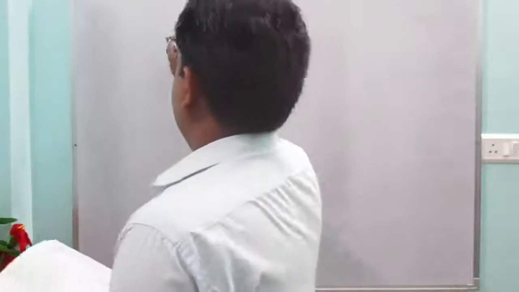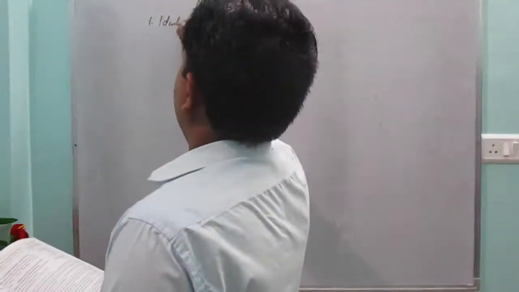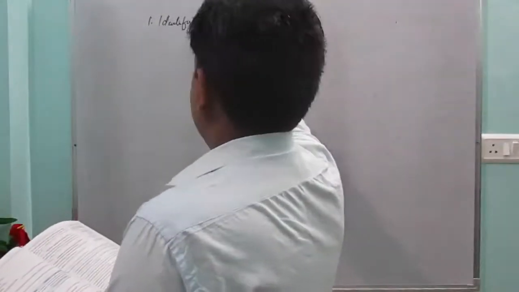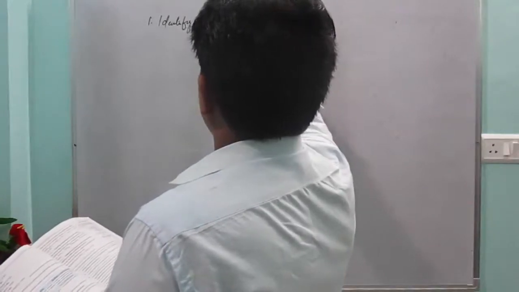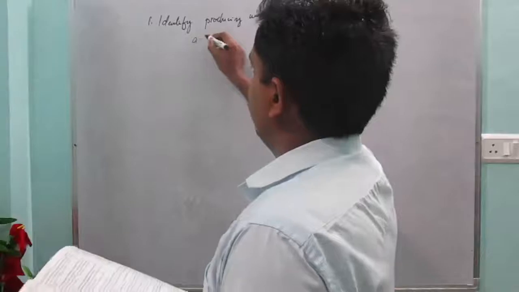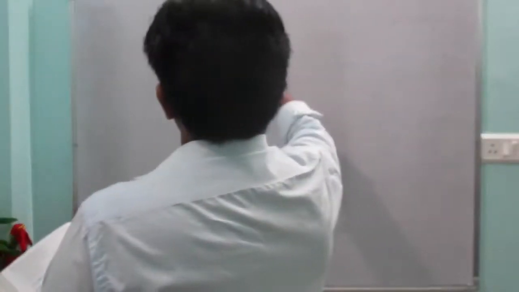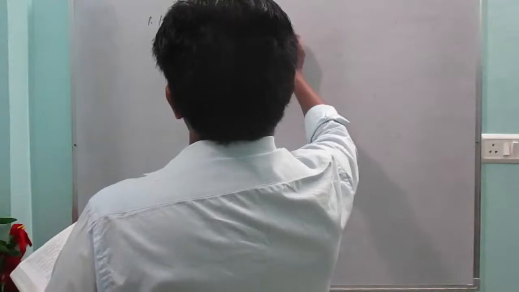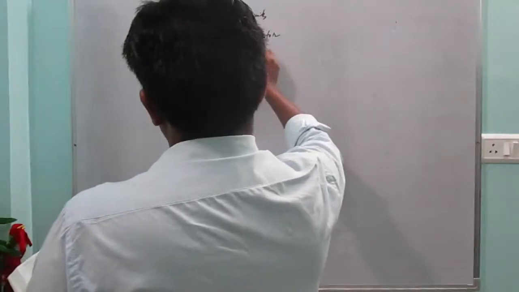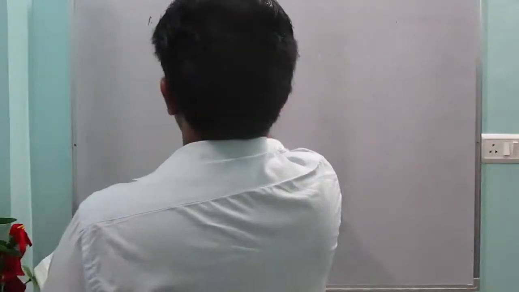So the first one is identifying the economic units, as usual. Identify producing units. In that we saw that the first sector that comes is the household sector, then the government sector, then the producing sector.